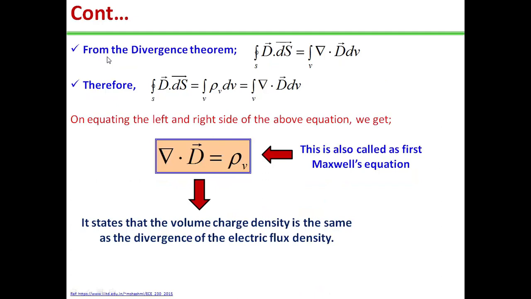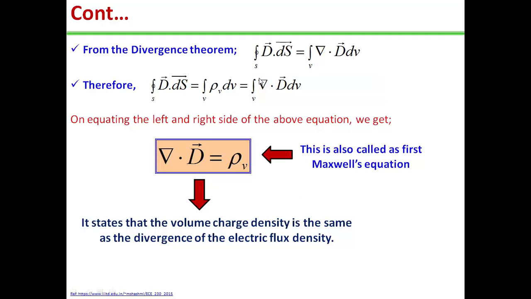By applying the divergence theorem that we have already discussed in earlier videos. Basically, the divergence theorem is used to convert the surface integral into the volume integral. That means the closed surface integral of D dot dS will be equal to the volume integral of divergence of D dv.